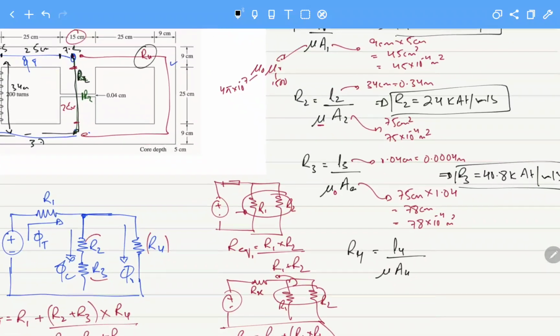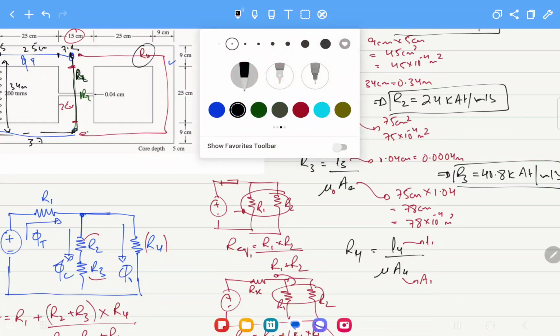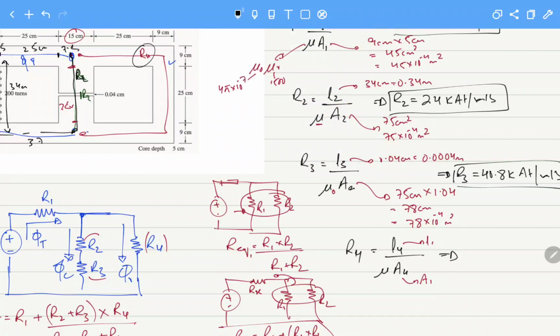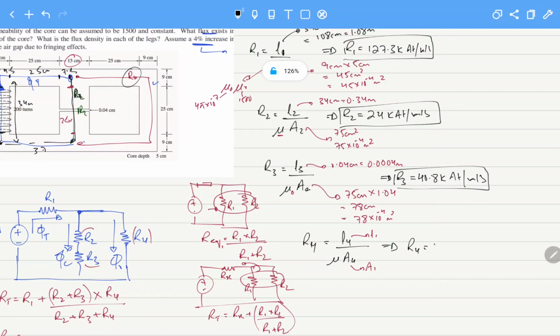That side, this length will be similar to L1, and it is actually a replica of L1, everything is similar to A1, and so R4 is actually the same as R1, that is 127.3 kilo ampere turns per Weber.